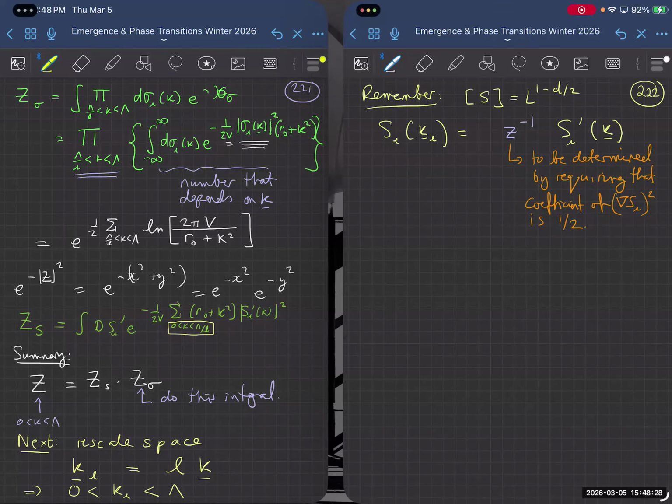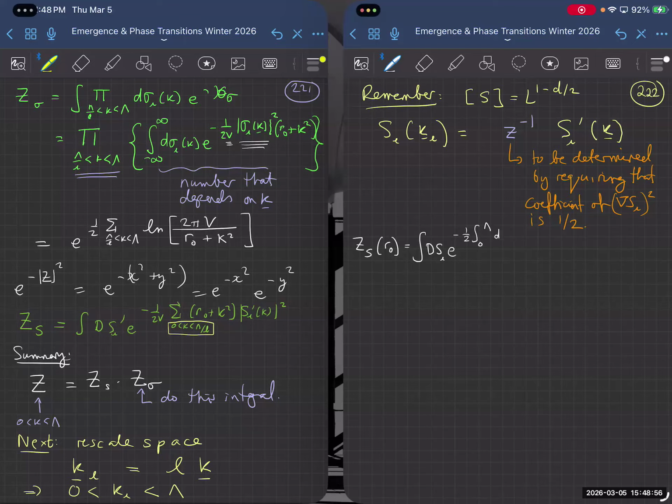Therefore, now what our partition function looks like after I've done this rescaling, it's going to depend on the coupling constant R0. It's going to be a functional integral over these coarse-grained degrees of freedom. And I'm just going to write it down and let you take a look at this. So we're going to have e to the minus 1/2. Now, the new variable, KL, is going to go from 0 to lambda, just as we want.